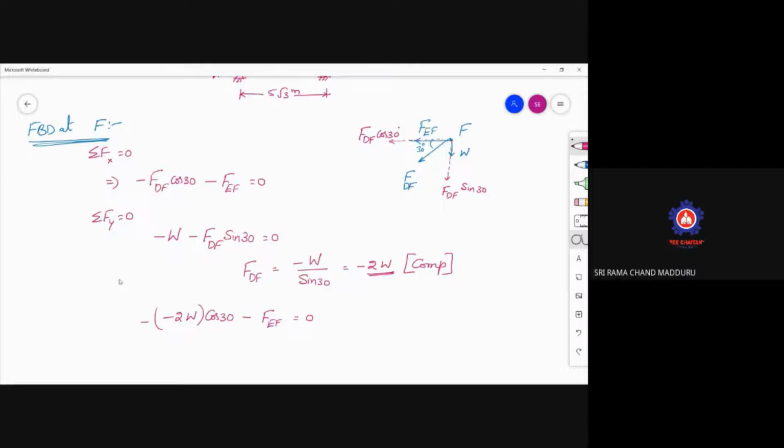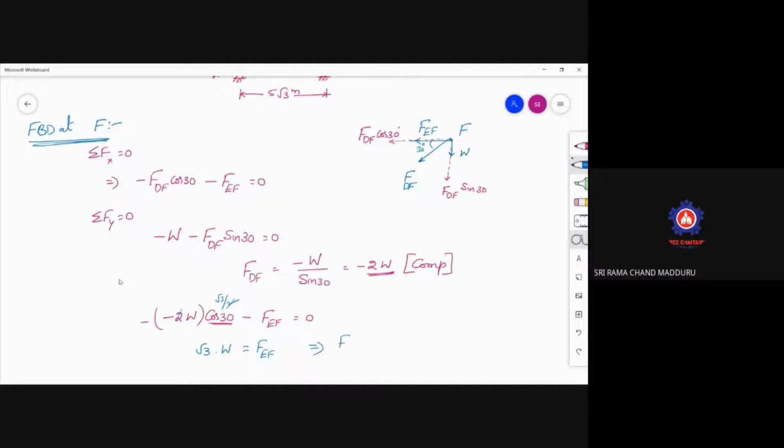And what is the value of cos 30? Root 3 by 2. So this is minus into minus plus, and 2 and 2 will cancel. Root 3 into W is equal to F EF.